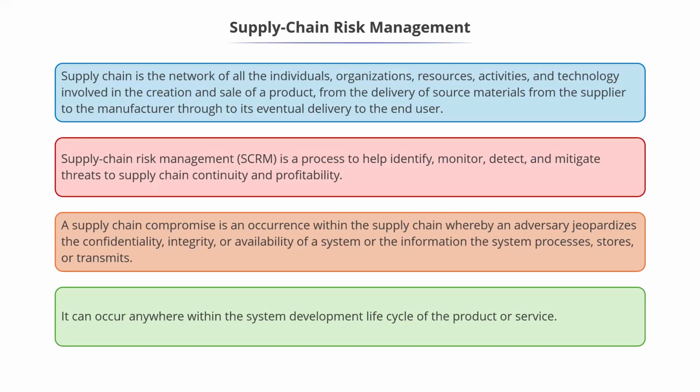Next one is about supply chain risk management. I'll start with one example. In 2016 or 17, a routine inspection was going on the servers of the Department of Defense in the US.